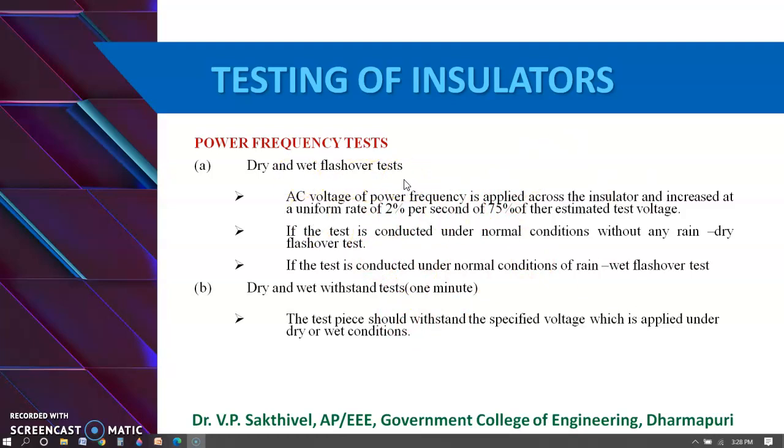In this test, the AC voltage of power frequency is applied across the insulator and increased at a uniform rate of 2 percent per second from 75 percent of the estimated test voltage, such that the breakdown occurs along the surface of the insulator. If the test is conducted under normal conditions without any rain or precipitation, it is called the dry flashover test.